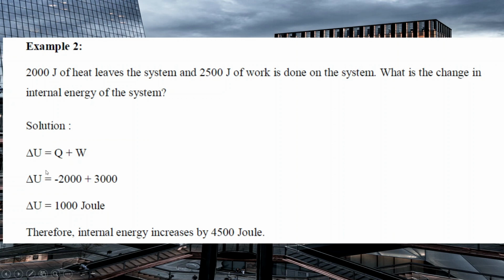So finally the internal energy change would be 500 joules. If the heat were not leaving the system, if you add this much to the system, we would get 3,000 plus 2,000, which is 5,000. But in this case, this amount of heat leaves the system. That's why we put a minus sign.